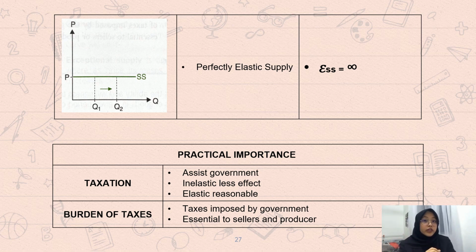However, if supply is elastic, then the taxation will be reasonable. The second one is burden of taxes. Taxpayers and sellers, in the ratio of elasticity of demand and supply, will share the burden of taxes imposed by the government. Therefore, the knowledge of elasticity of supply is essential to producers and sellers.